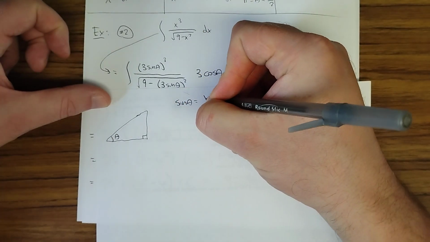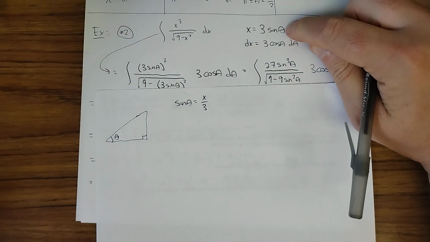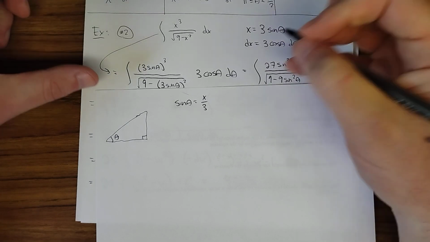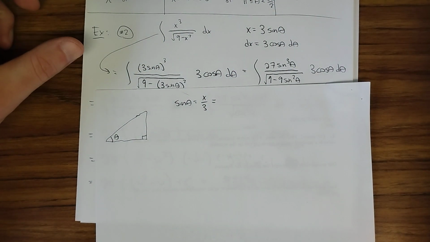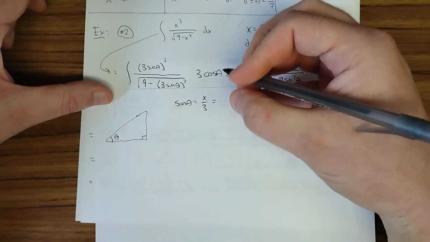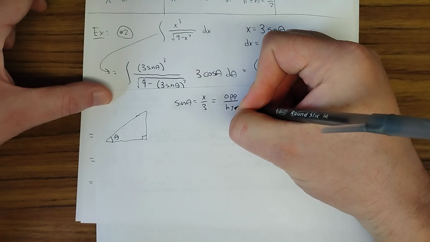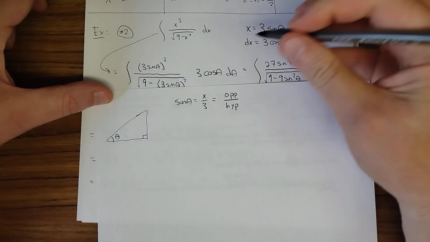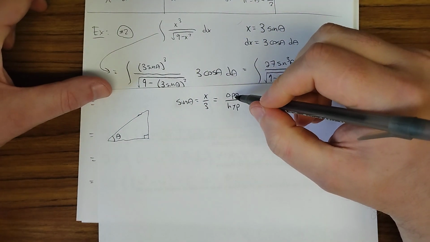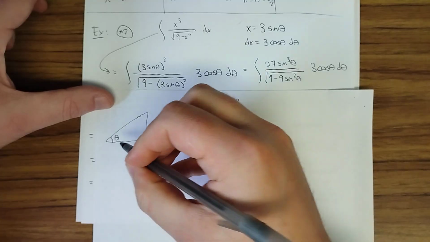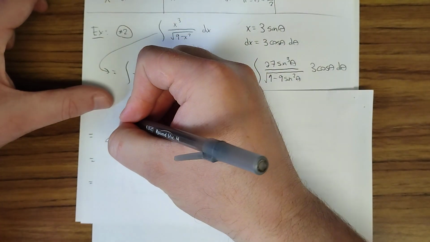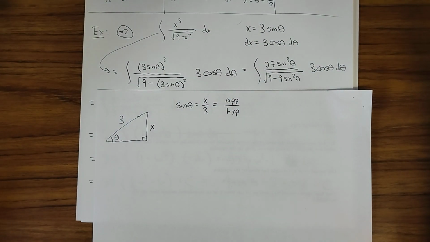Sine theta is x over 3, so I solve it for whatever the trig function is. And what is our old friend SOHCAHTOA? Sine is opposite over hypotenuse. So if I want this triangle to represent that, I'm going to put x across from theta, so that's opposite, and 3 on the hypotenuse.